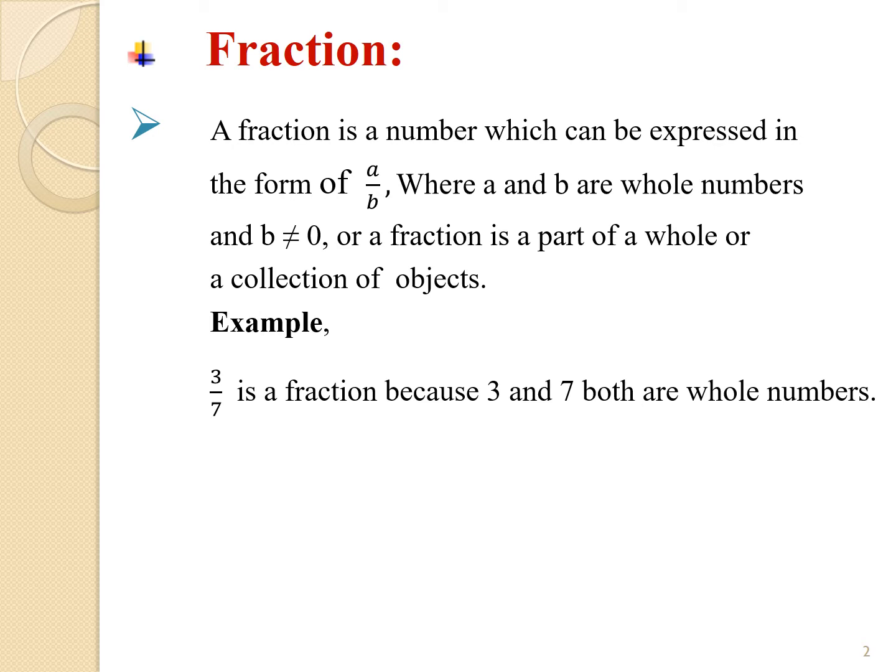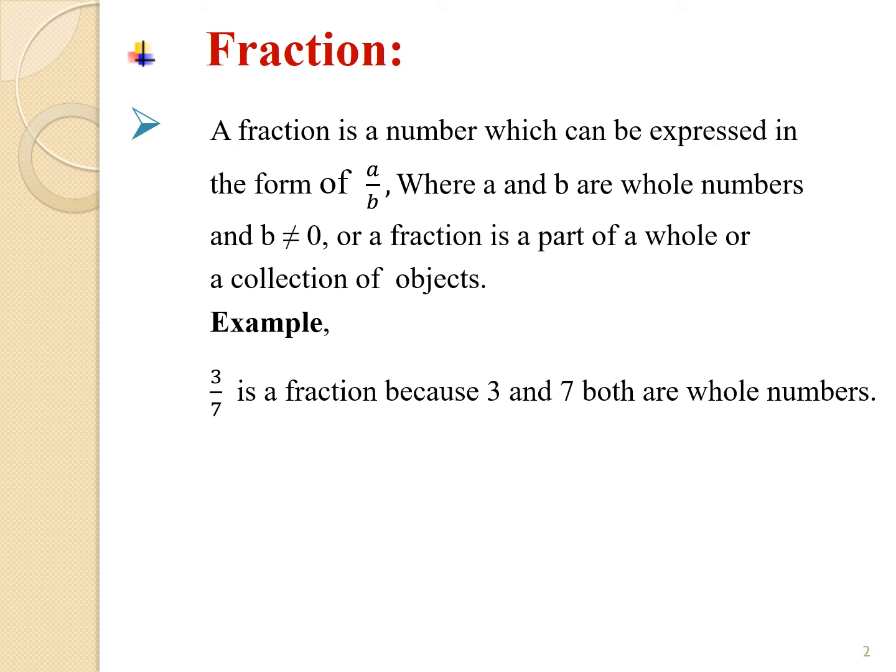Improper fraction. Fractions in which the numerator is greater than the denominator are called improper fractions. For example, 7 upon 4, 8 upon 3, 9 upon 4 are improper fractions.